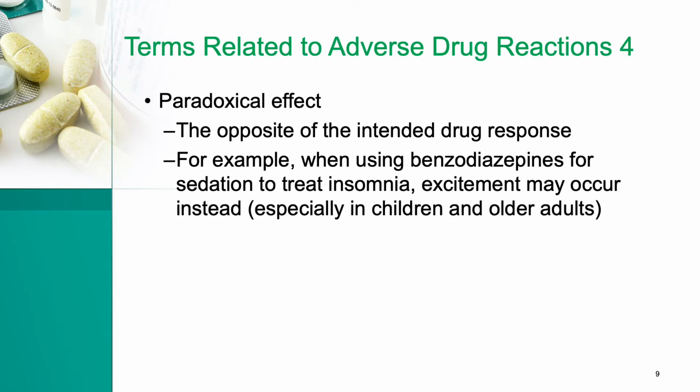A paradoxical effect is the opposite of the intended drug response. A common example is when using benzodiazepines for sedation to treat insomnia, where excitement may occur instead, especially in children and older adults.